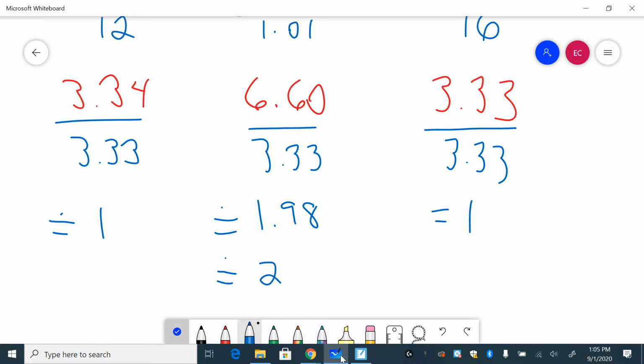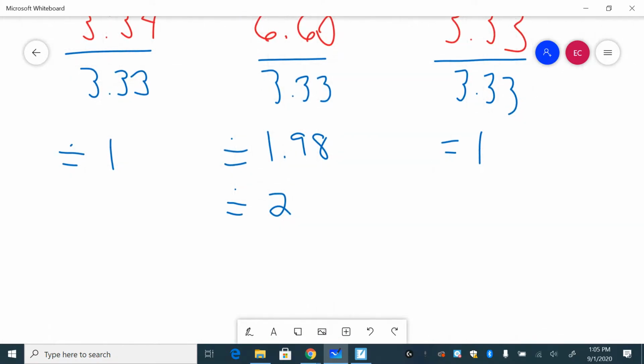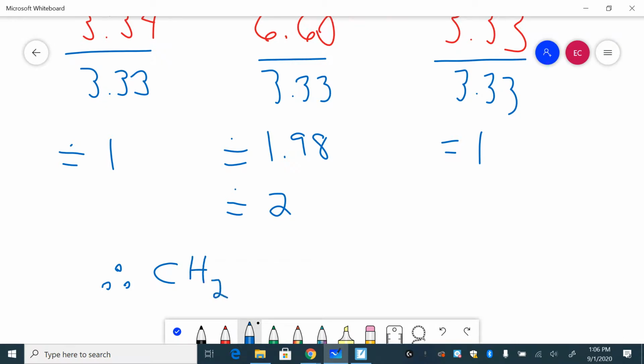So for this question, you've got the empirical formula, which is what you should be writing at the very end. What do we have? Carbon 1. I don't need to write a subscript 1 when it's a 1, but every other number you do. I've got 2 hydrogens, and oxygen. So what you're working with is carbon dihydrogen oxide.